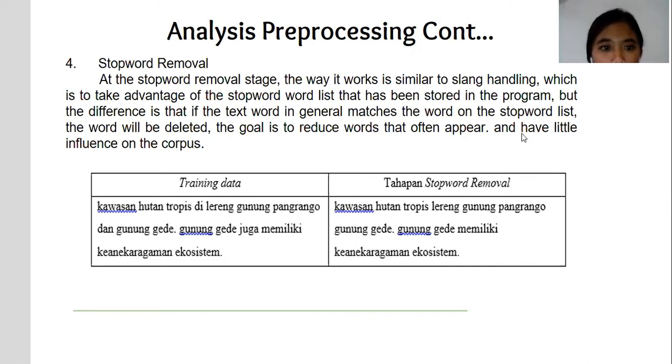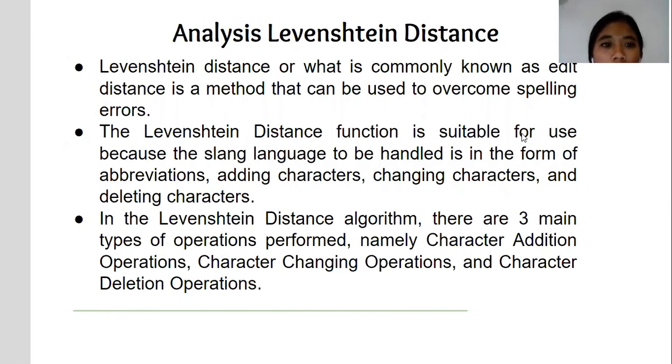Analyze Levenshtein distance. Levenshtein distance, or what is commonly known as edit distance, is a method that can be used to overcome spelling errors.